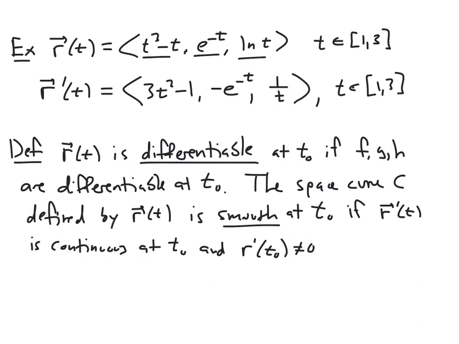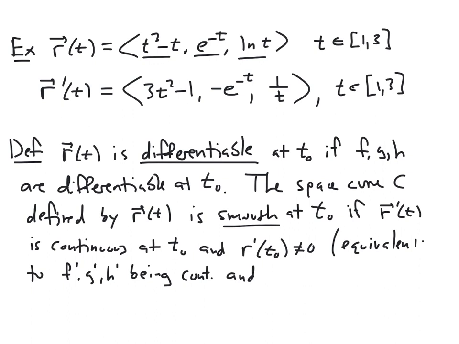Now notice that this is actually equivalent to f prime, g prime, and h prime being continuous. So each of those three being continuous, that will make r prime continuous. And I want them not simultaneously equal to 0.